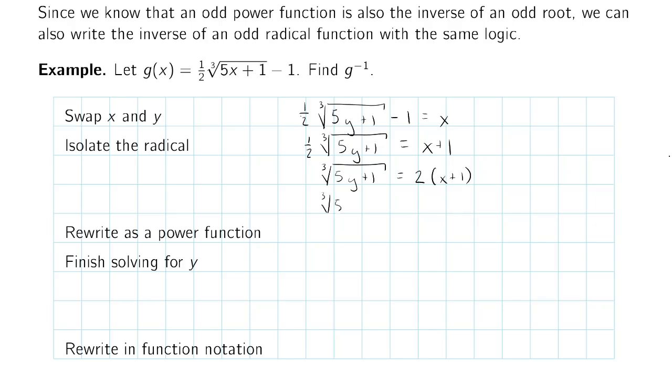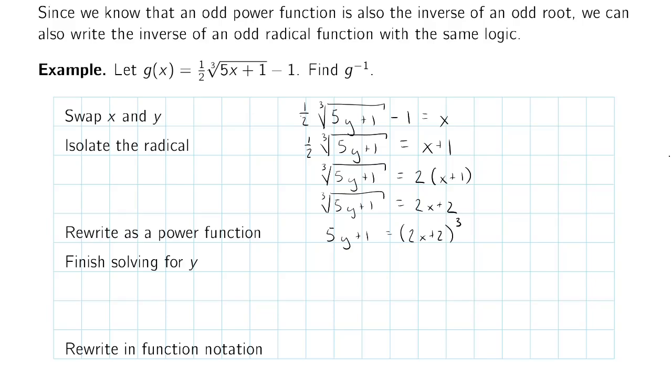Third root of 5y plus 1 is 2x plus 2. Now we will actually do the inverse. Right, so if the third root of 5y plus 1 is 2x plus 2, it must be that 5y plus 1 is (2x plus 2) to the third.